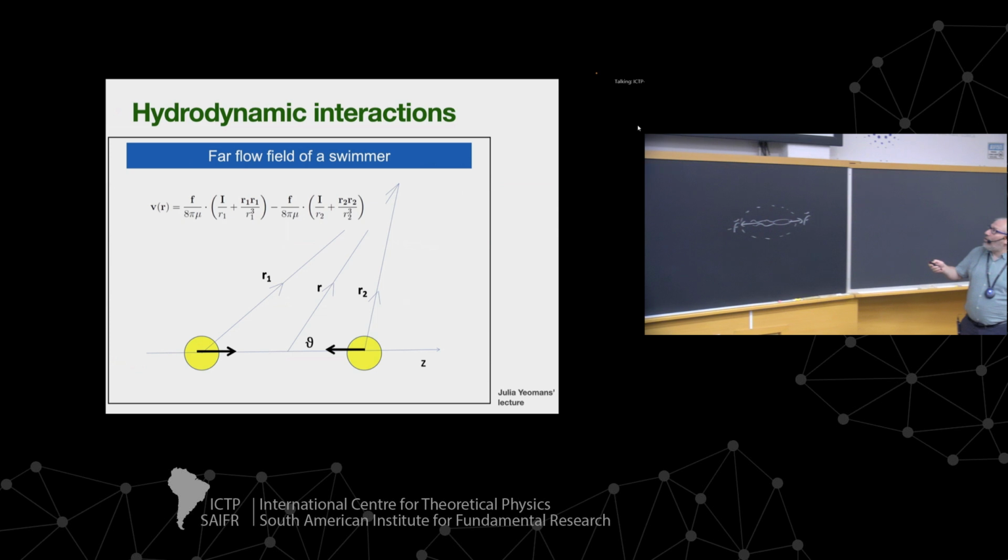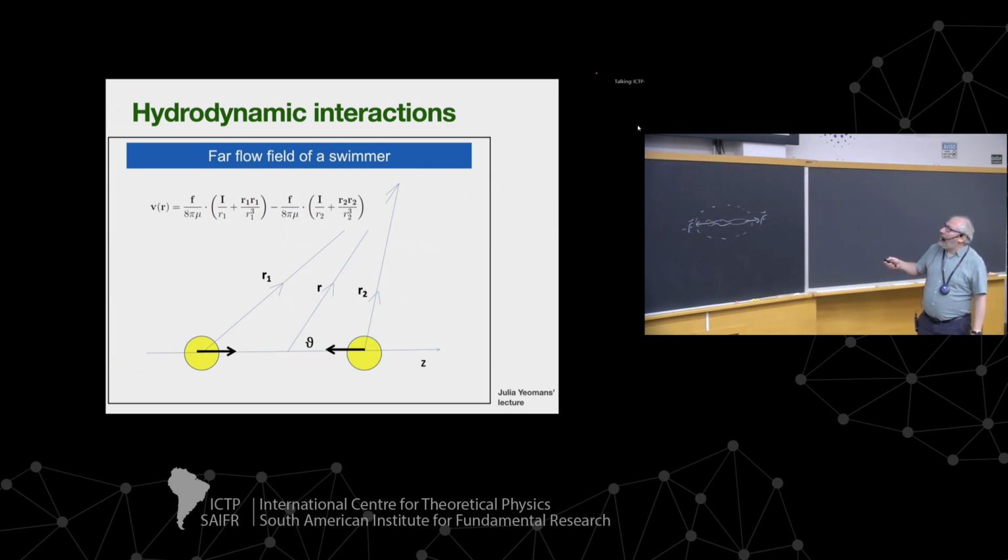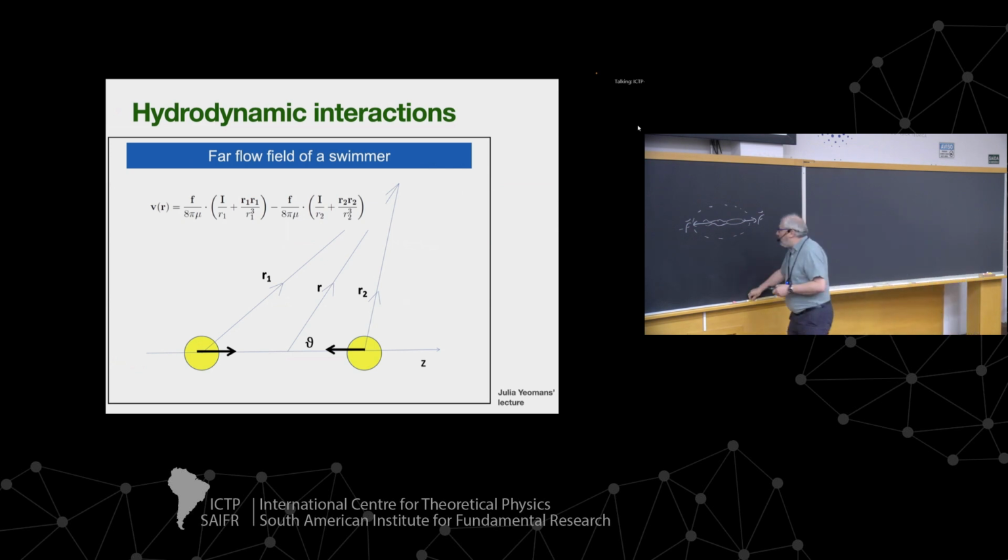So the total velocity field is going to be this. In her plot it is just the opposite, a swimmer doing the force like this, contractile.